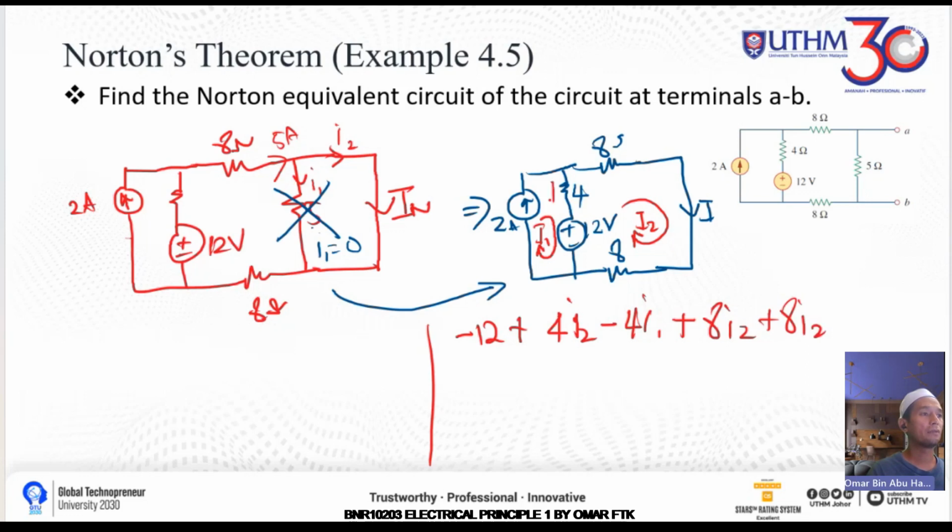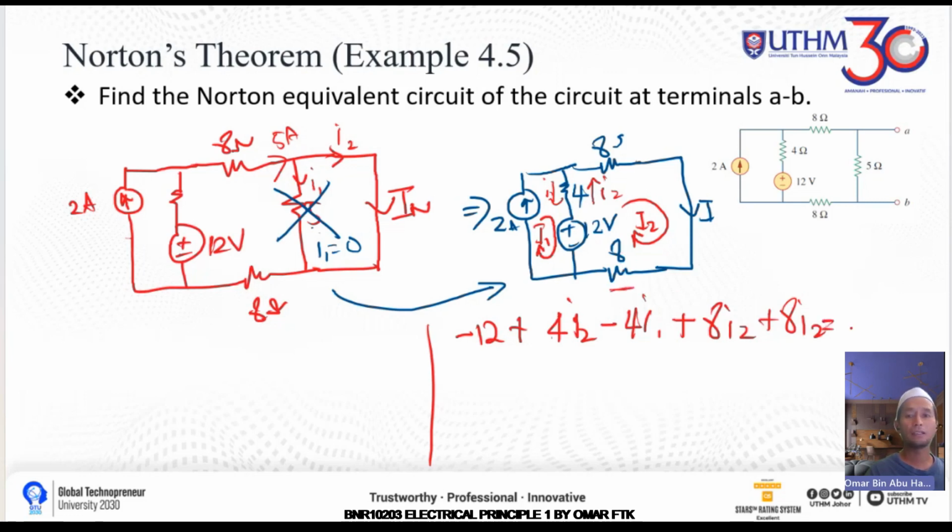For this, we got I1 here, and then I2. So for the voltage, we have to calculate I2 times 4, and then minus I1 times 4. So we get the voltage across the 4 ohm resistor, and then I2 times the 8 ohm resistor here, and I2 times the 8 ohm resistor down here.